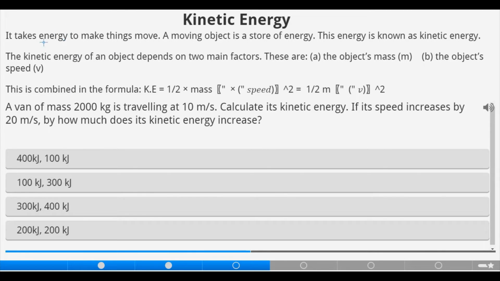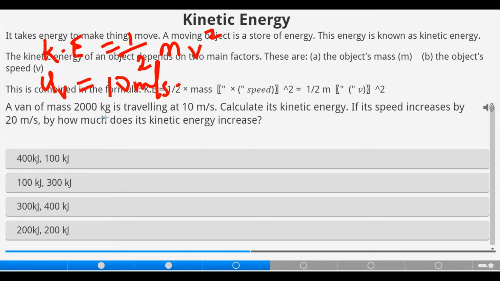We know that the formula for kinetic energy is half mv squared. And don't forget that we are dealing with initial velocity, which is 10 meters per second. So our mass is 2,000 kilograms.